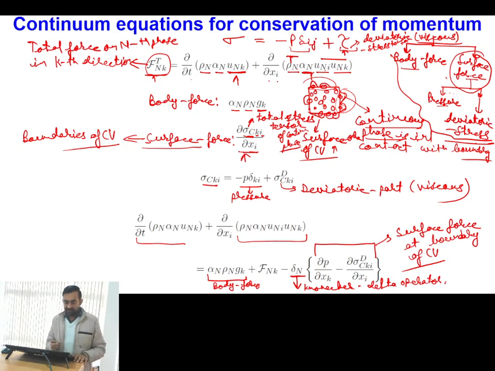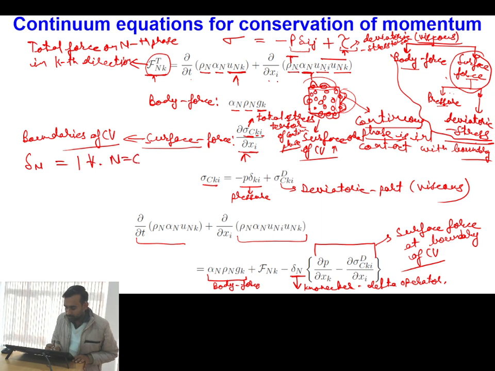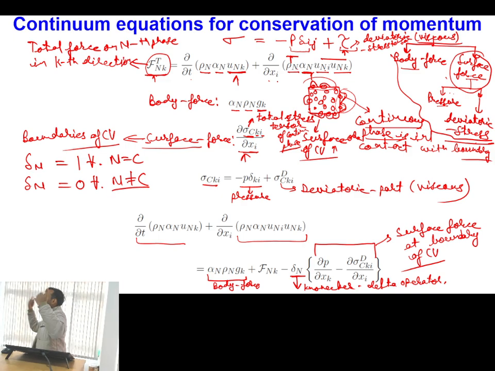Delta n will be equal to 1 for n equal to c, and delta n will be equal to 0 for n not equal to c. If I am using any other phase, it means that phase is nothing but my dispersed phase, which is not making contact with the boundary of the control volume. So for that, this term has to be equal to 0. This term will only come into the picture when my nth phase is the continuous phase. All are clear with this point or not?